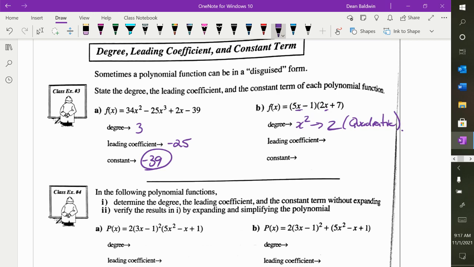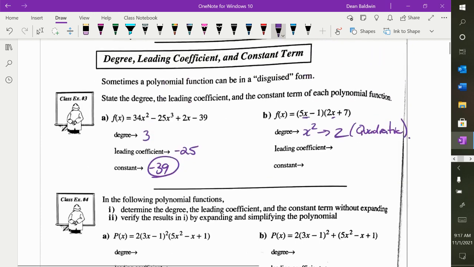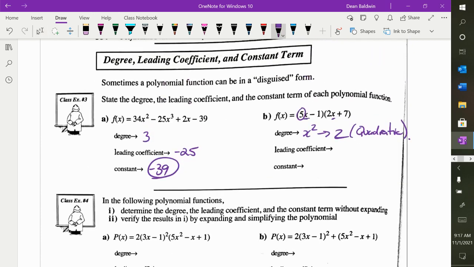All you have to do is multiply the 5 and the 2, because those are in front of the x's, so you'd get 10. And what is the constant term? -7, because you're going to multiply the -1 and the +7. If you did multiply that out, you would get 10x squared plus 33x minus 7.